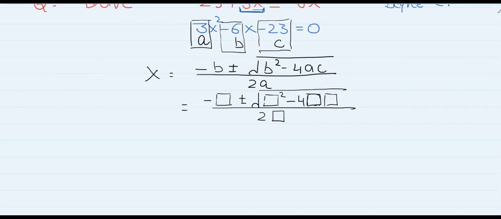So the first one will be, this is b, this is minus 6, this is b, this is minus 6, 4a is 3, c is minus 23, and a is 3. That's how you have to write numbers. Never get confused that this is already negative, so we don't write negative. You have to write the number here. It's positive 6 or negative 6.